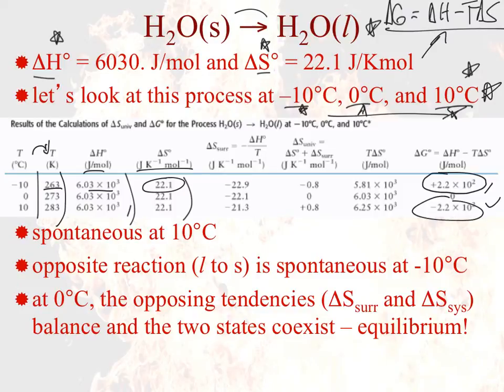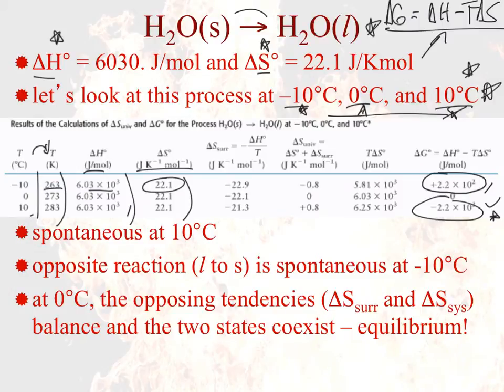So remember, when you have a negative delta G, that means your reaction is spontaneous. So we have a negative delta G here, and our negative delta G indicates that at 10 degrees C, we have a spontaneous reaction.